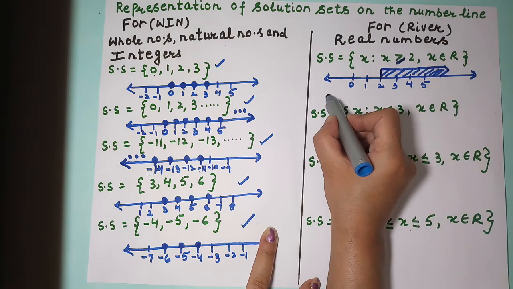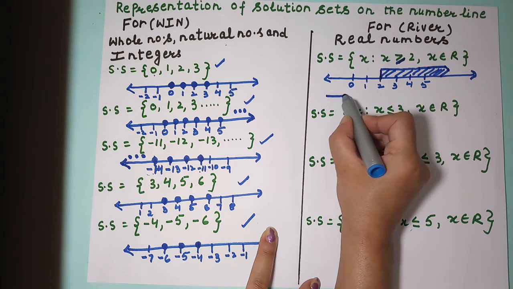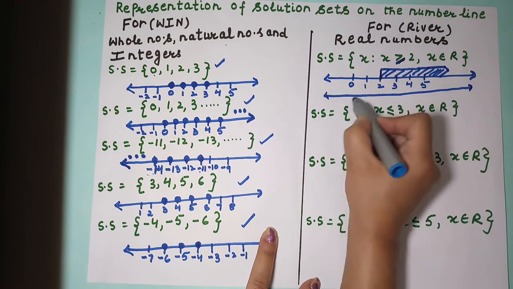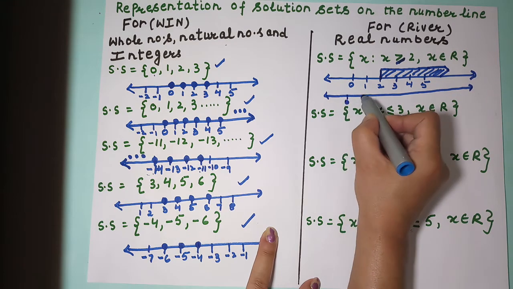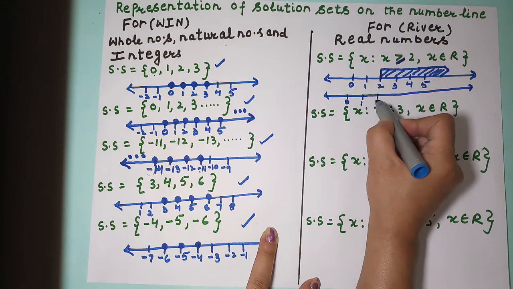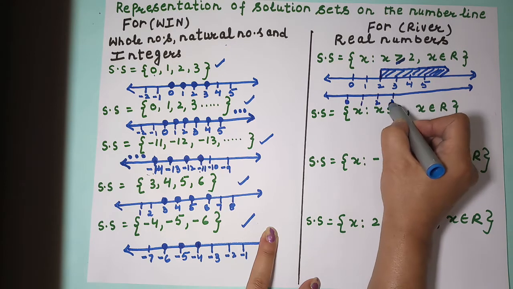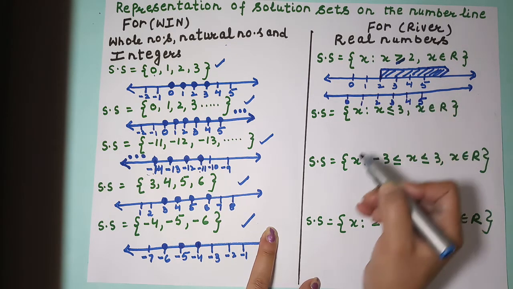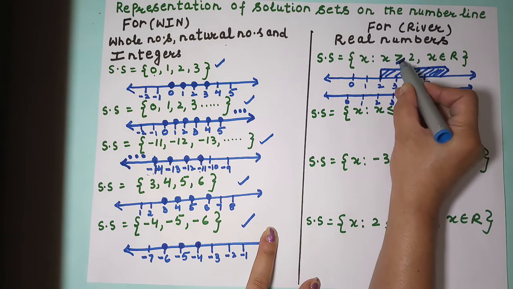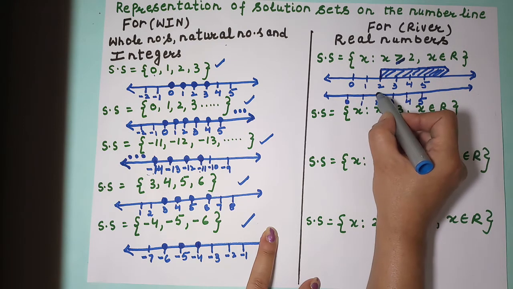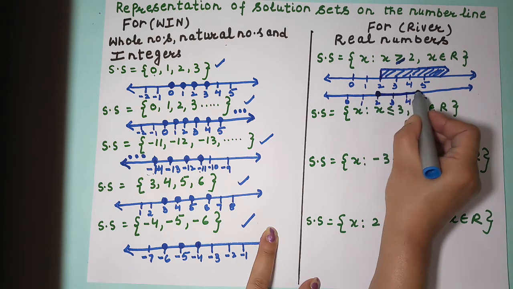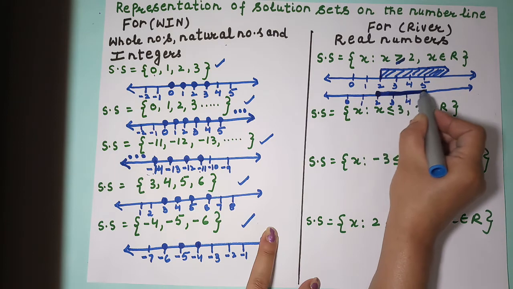Now, another way of representing this is that you will draw a straight line like this. Draw number 0 over here. 1, 2, 3, 4, 5. Okay. Now, since equality sign is here, you will go to 2, draw a dark circle over here, and then darken this line. You're darkening this line.